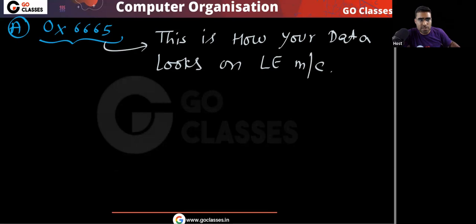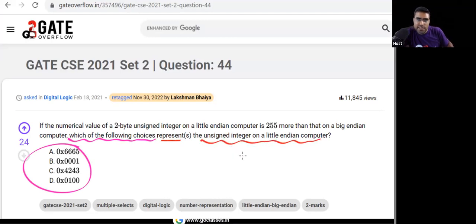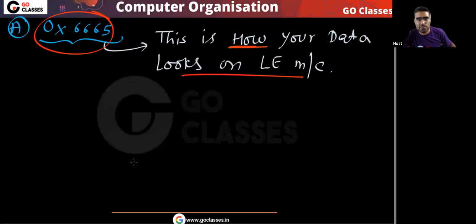Agree or not? This is what the question is saying. Read the question carefully, it's a very simple question. Which of the following choices represent the unsigned data on a little Endian computer? All these options are nothing but your data on a little Endian computer. So option A is how your data looks on a little Endian machine.